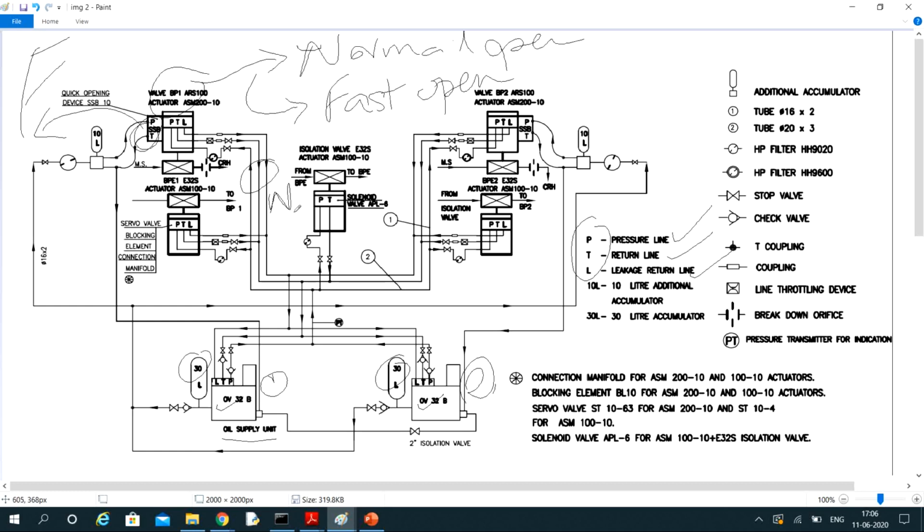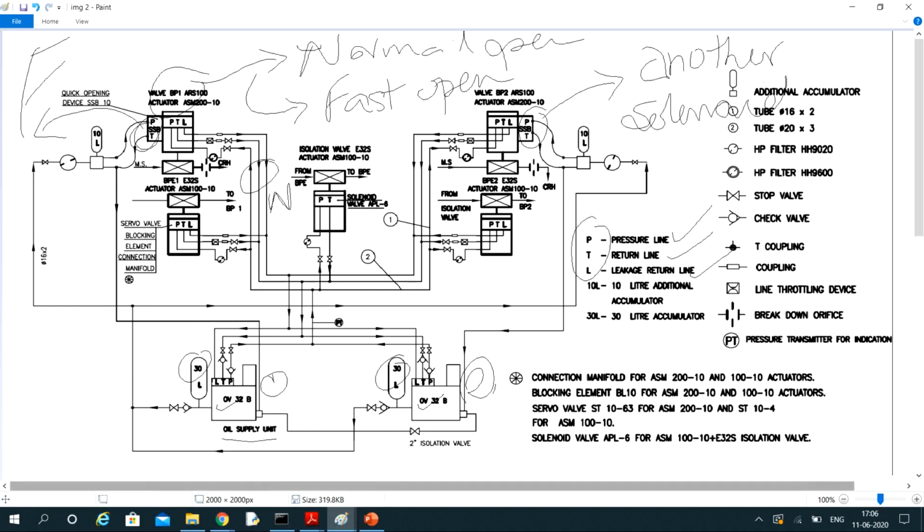For the fast opening, we have another solenoid also, which is located on the HP bypass valve. Let's not get deeper into this diagram. This is only for illustration purposes.